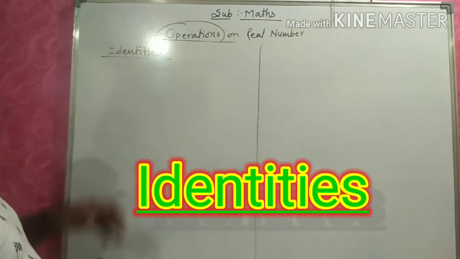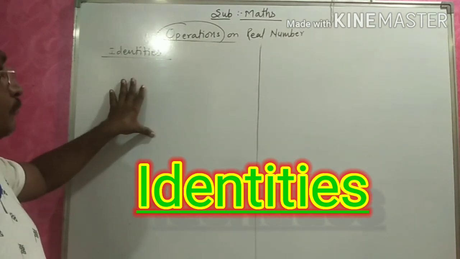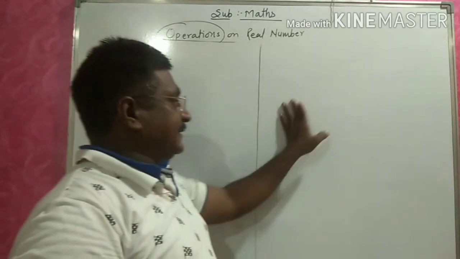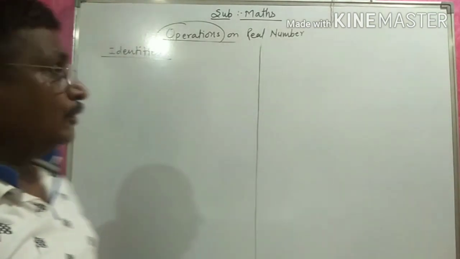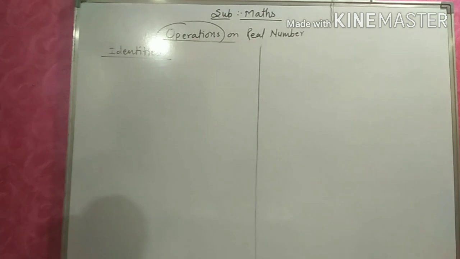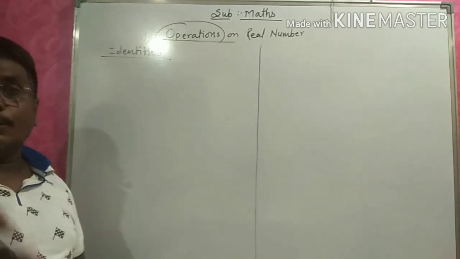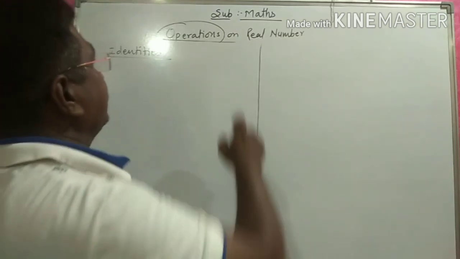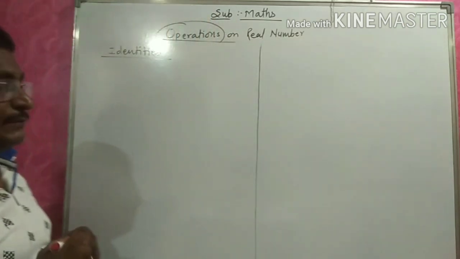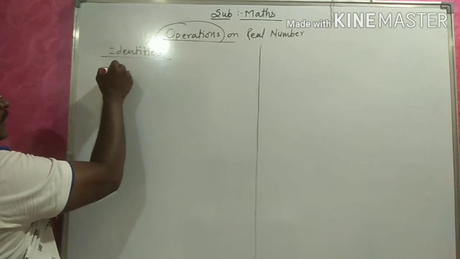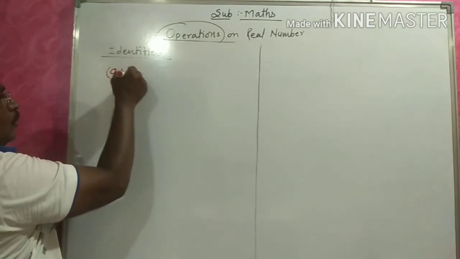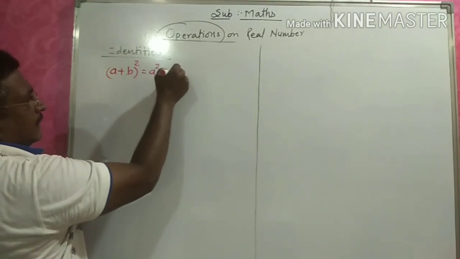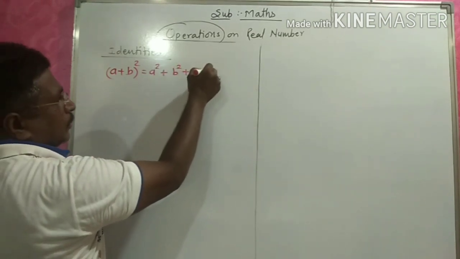Next it is identities. Now how to solve the identities? Already in the lower class we studied the identities. 4 main identities we studied. Which are they? (A plus B) whole square equals A square plus B square plus 2AB.